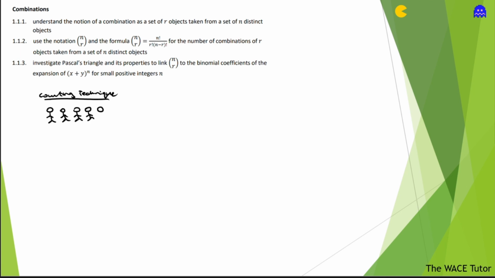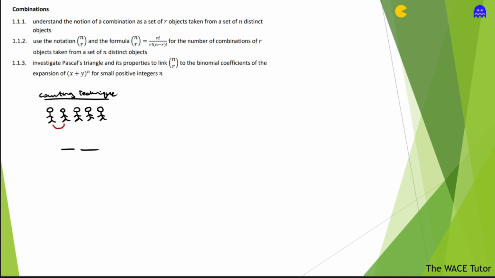Let's say we have 5 people, and out of these 5 people, we need to choose 2 of them. Let's say, for example, maybe we have 5 equally qualified job candidates and we don't have a preference, but we have 2 job positions to fill. Or let's say we have 5 people we need to select for a sports team. One way we could figure out all the different ways that we could fill up those 2 positions is by counting every single possibility.